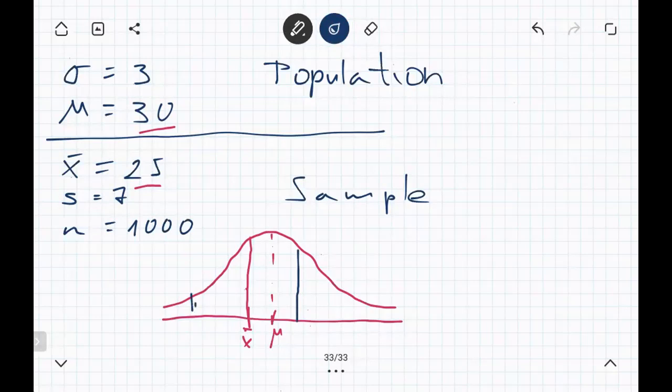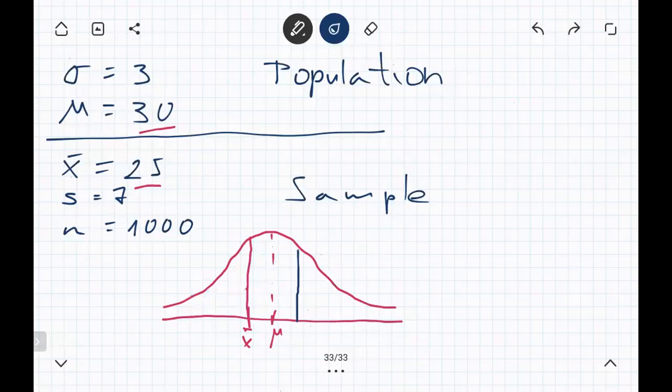So you find your interval and you say, with some level of confidence, we chose 95%, but it might be a different number, our true mean is inside that interval. Now, we will do something similar, but it will be the other way around.